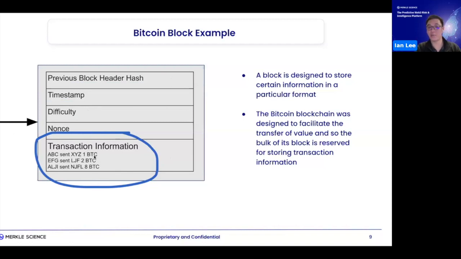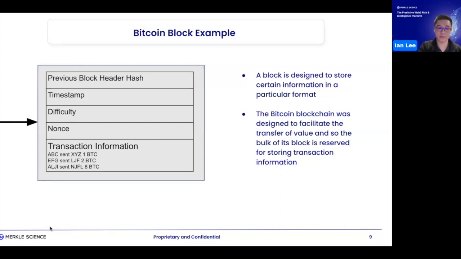Account A sends account B 1 Bitcoin, account C sends account D 1 Bitcoin, and so on and so forth. And so what we are doing as cryptocurrency investigators is we are trying to access all this transaction information inside the different blockchains in order to conduct our tracing exercise.